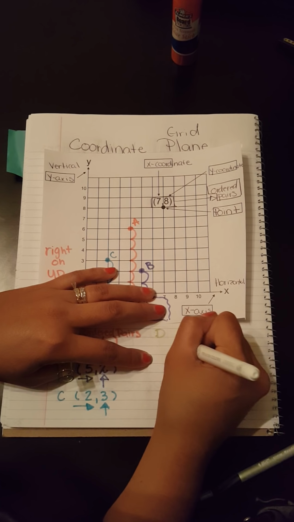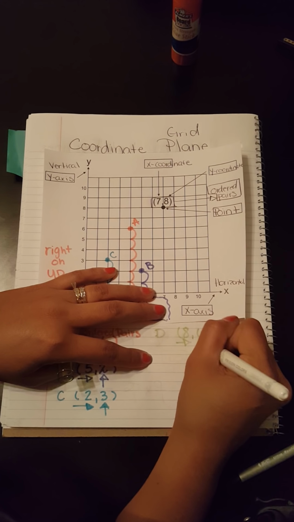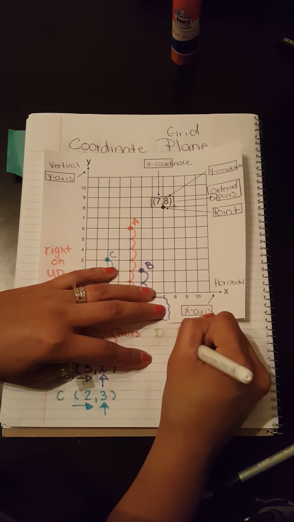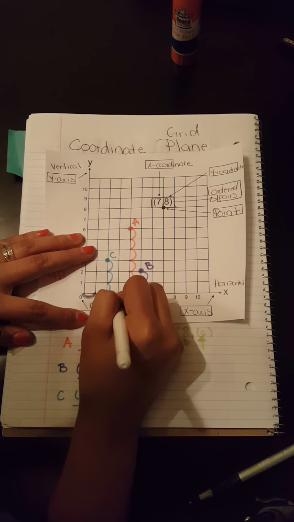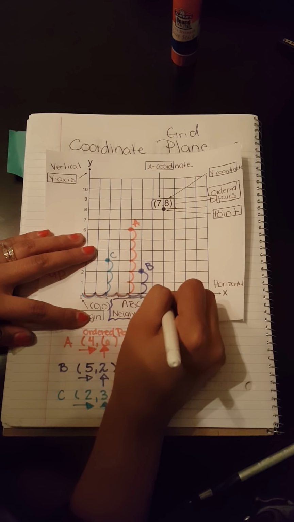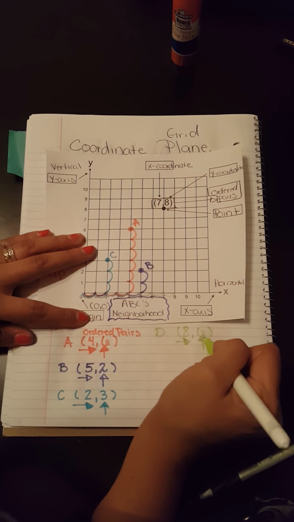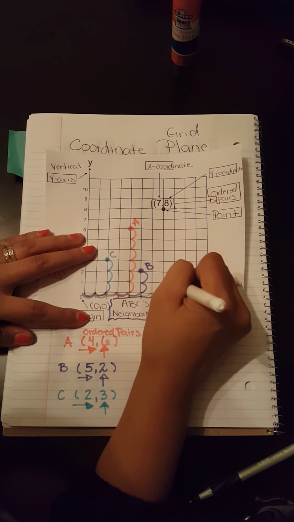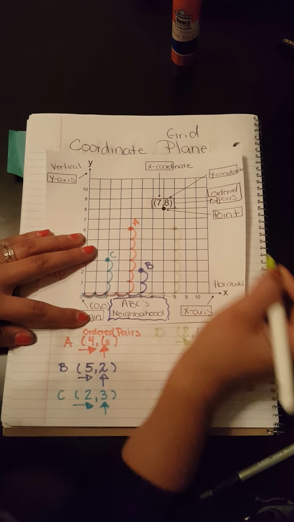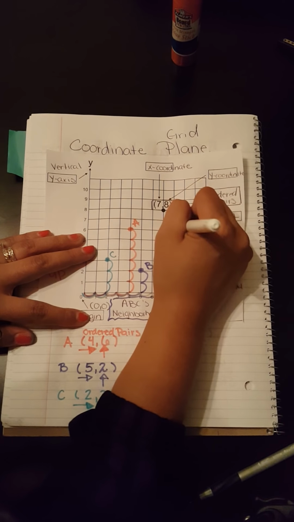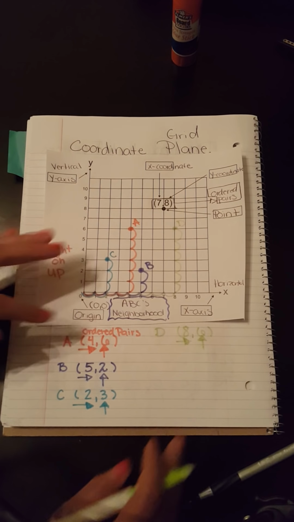And remember, we're going to go right on up. Right on up. 8 units to the right. 1, 2, 3, 4, 5, 6, 7, 8. And then 6 units up. 1, 2, 3, 4, 5, 6. D is there.